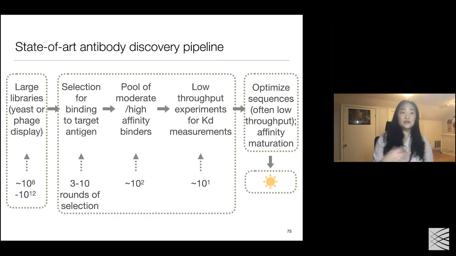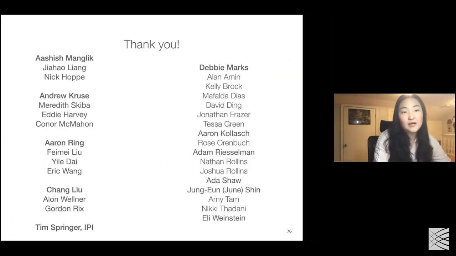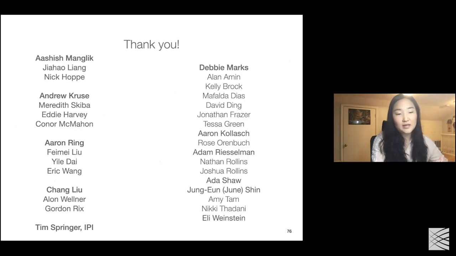And so at the end of the day, what we want using this method now is we have these large libraries and we can accelerate the entire pipeline and optimize this antibody discovery process for success using both computational methods and experimental methods alike.